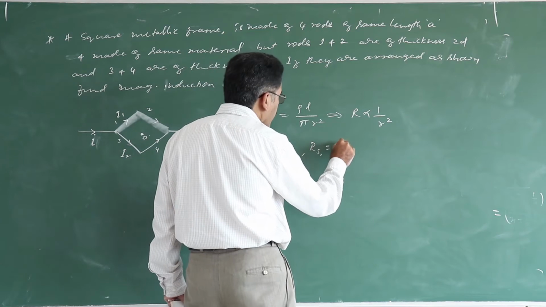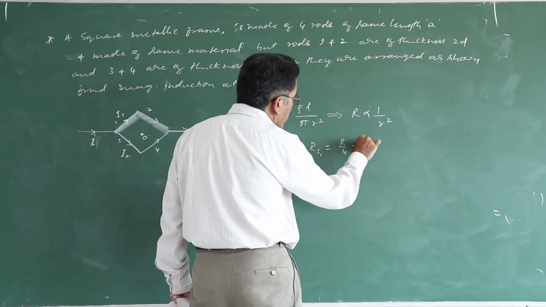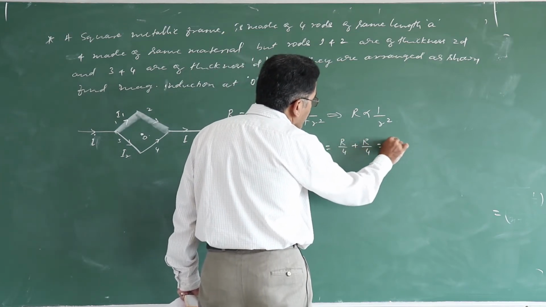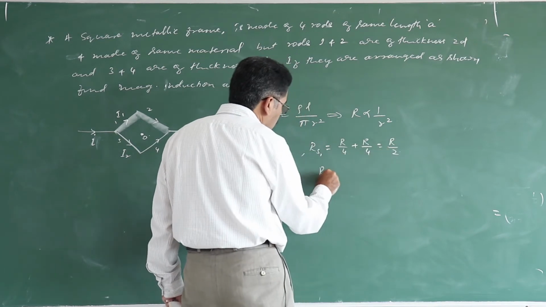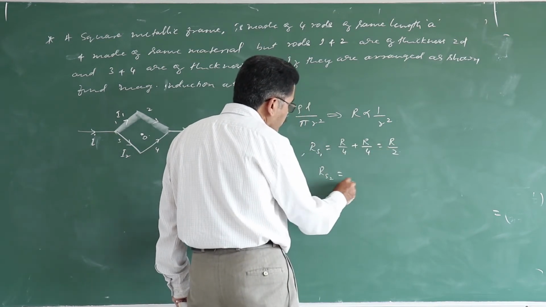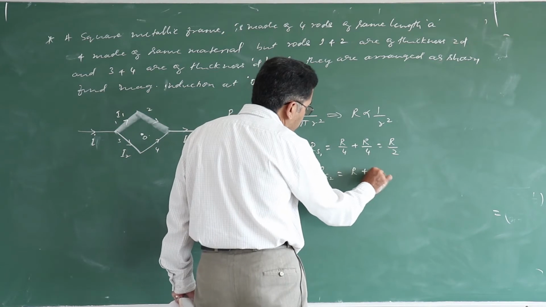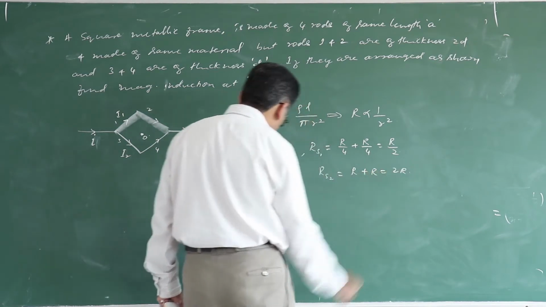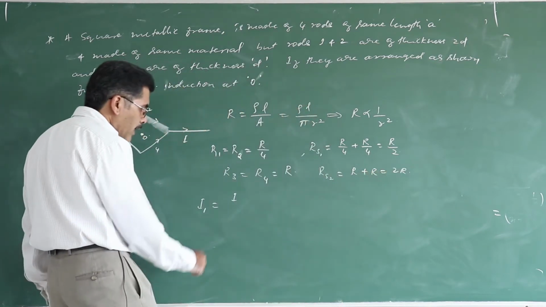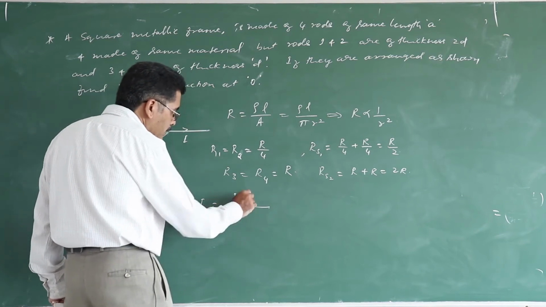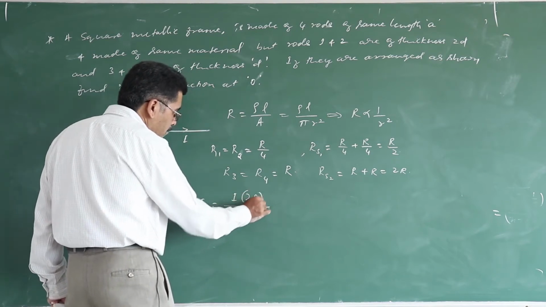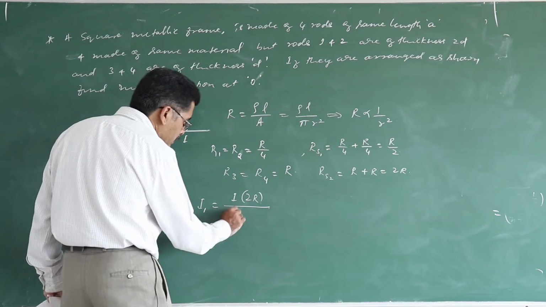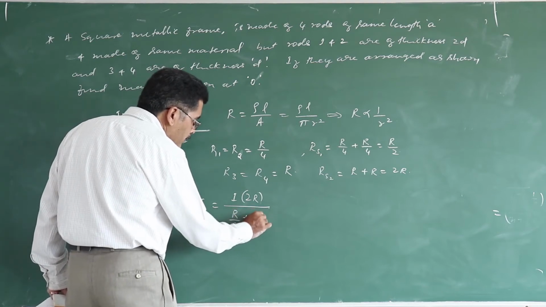RS1 is R by 4 plus R by 4, which gives you R by 2. RS2 is R plus R, 2R. Therefore, main current into resistance in the other branch divided by the sum of the resistances, R by 2 plus 2R.